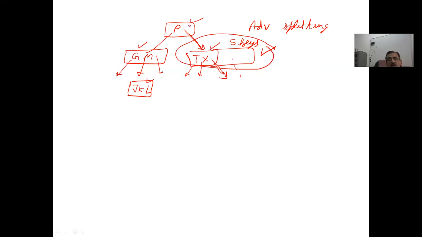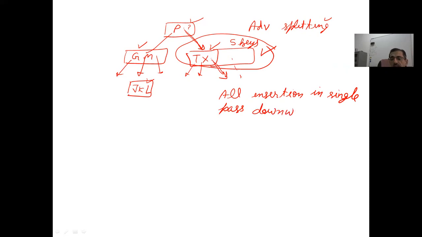Split will mean something moves up here, and so on. So advanced splitting ensures all insertion will happen in a single pass. And a single pass will be downwards, and minimum disk reads will happen. So that is the advantage. So this is what we mean by insertion logic.